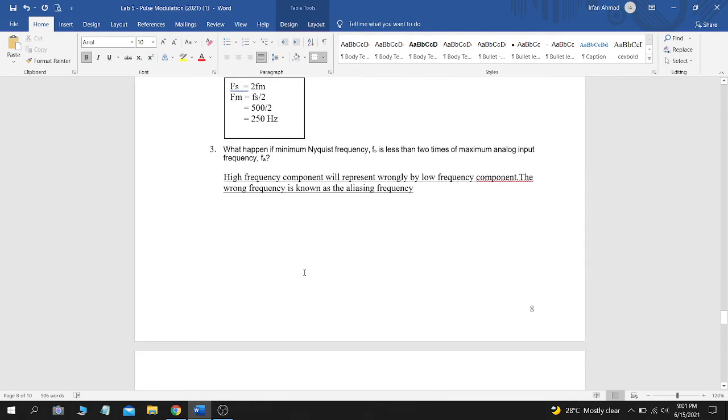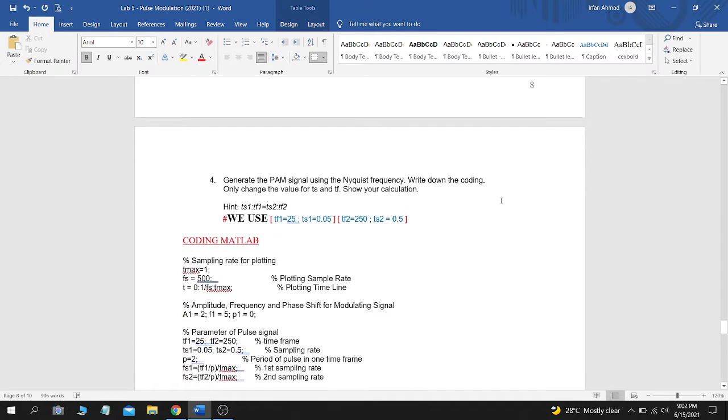Question 3, what happens if the sampling frequency Fs is less than 2 times the maximum analog input frequency Fa? The answer is simple: high frequency components will be represented wrongly by low frequency components. The wrong frequency is known as the aliasing frequency.